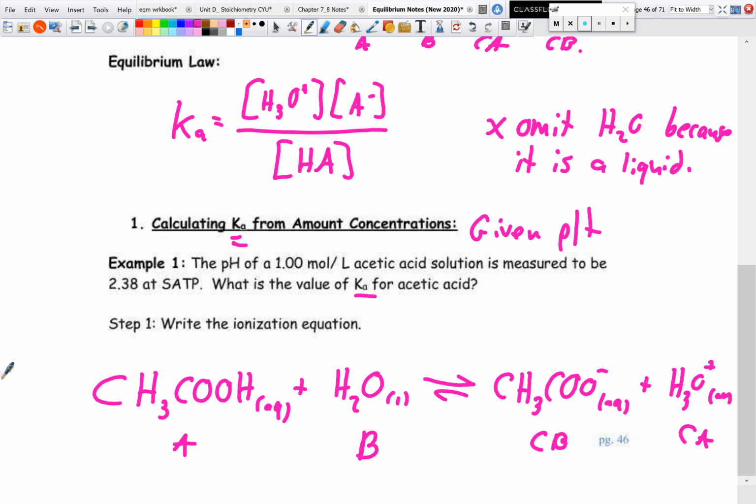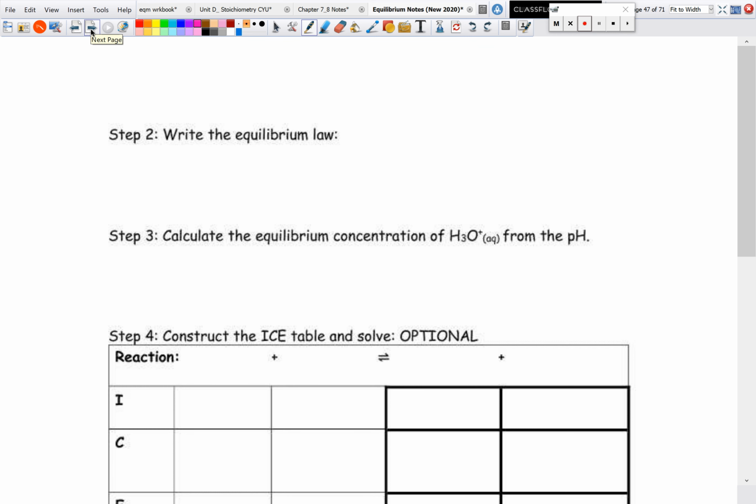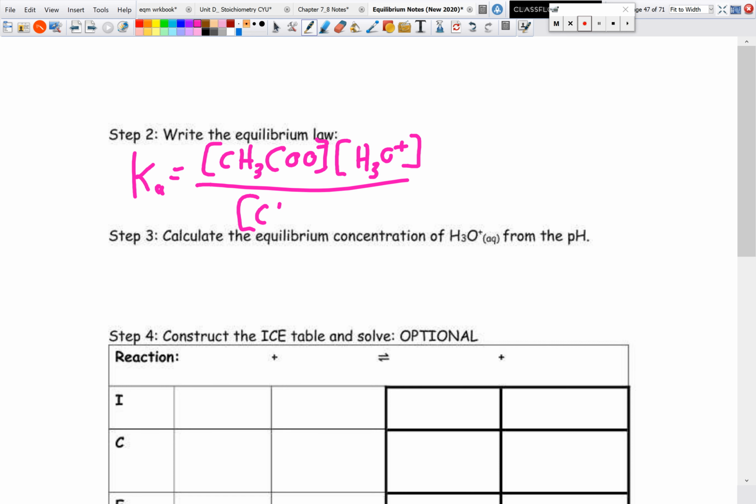Write out the reaction. And of course, with chemistry, that's the first step in almost everything we do. Now, generally, our second step as well, it's handy to write the equilibrium law just to see what we need. As mentioned before, we leave out water because it's a pure liquid. So in this case, our equilibrium law is products over reactants: we get our acetate, we get our hydronium, all over our acetic acid.